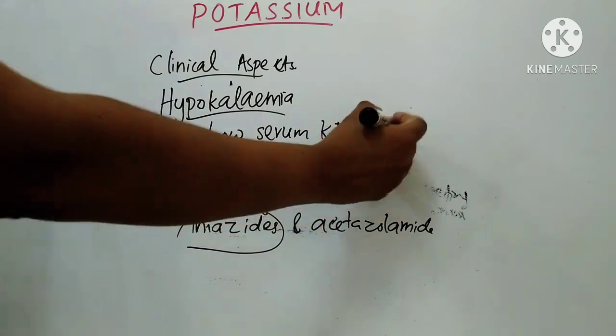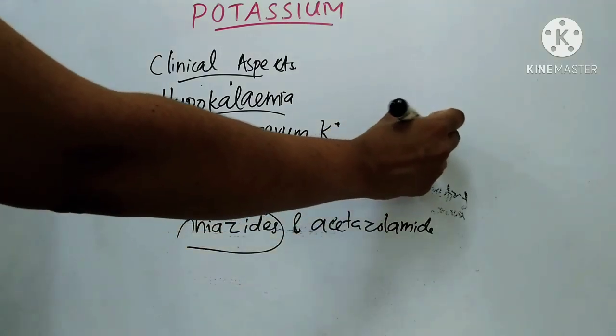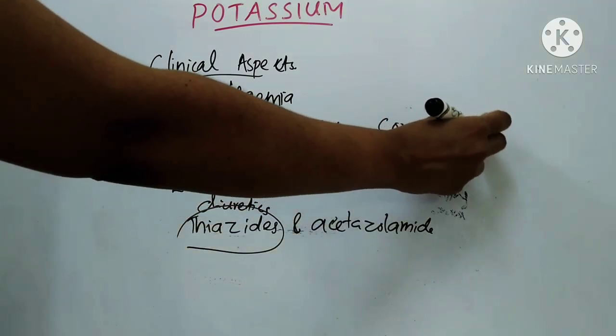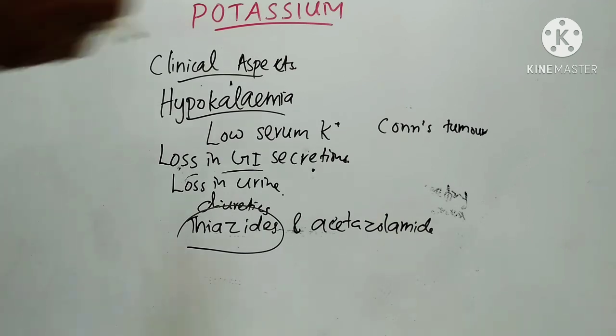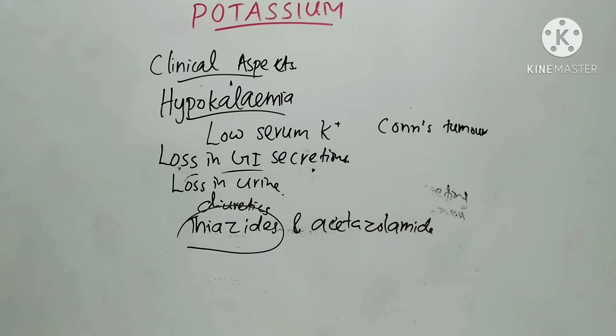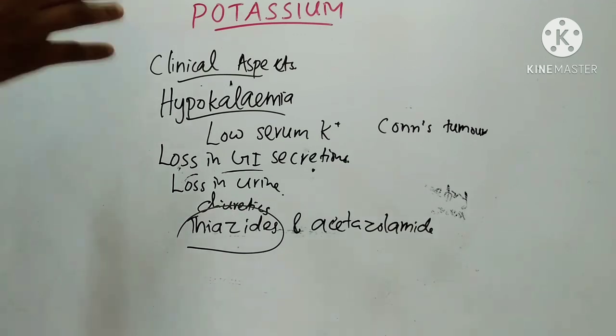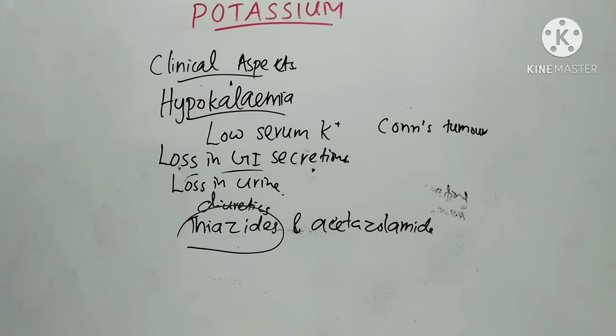Then Conn's tumor, which develops in the adrenal gland, produces excess amounts of aldosterone. The resulting primary hyperaldosteronism is characterized by increased loss of potassium in urine.